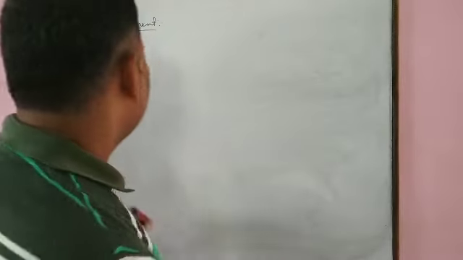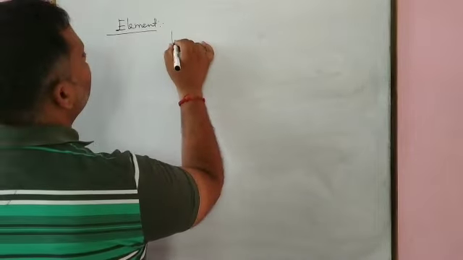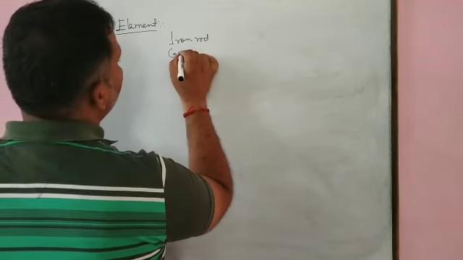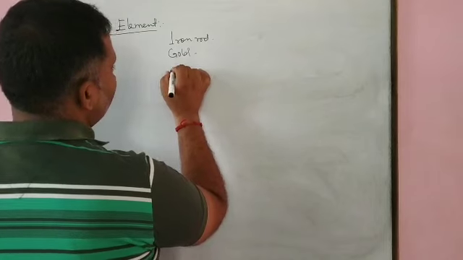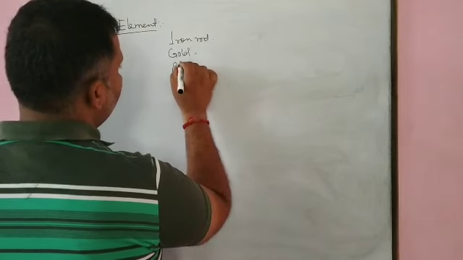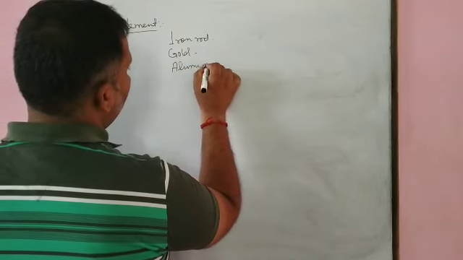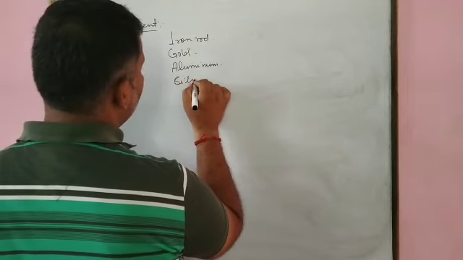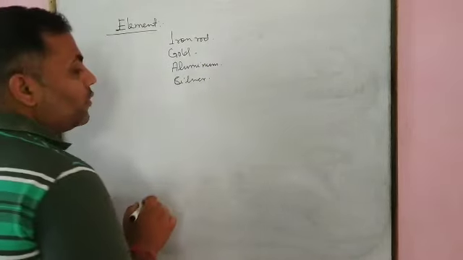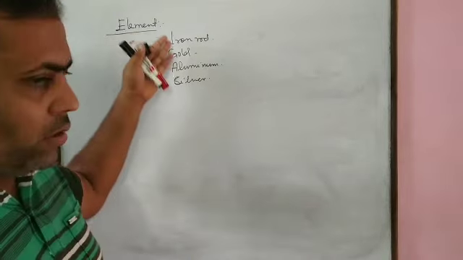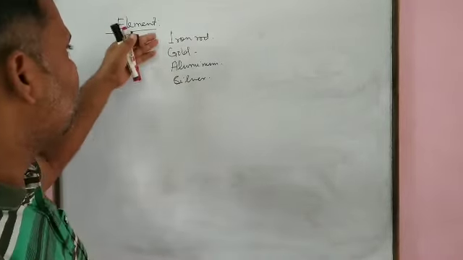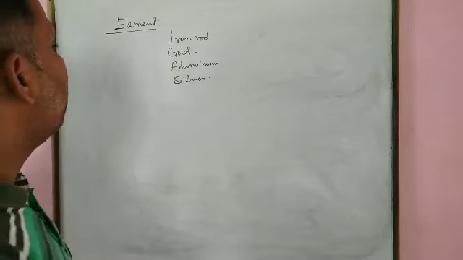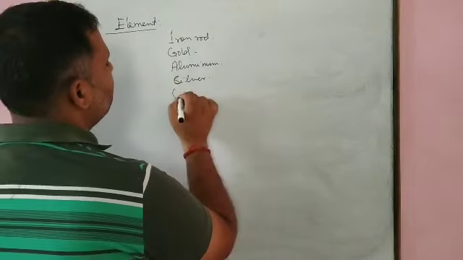Let us discuss the iron rod, gold, silver, aluminum, which we see in our daily life. These are examples of elements. Why are they termed as elements? Let us discuss copper utensils.